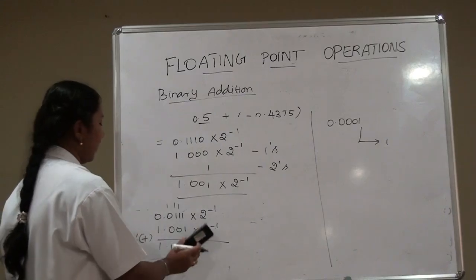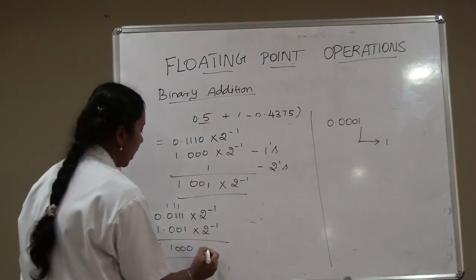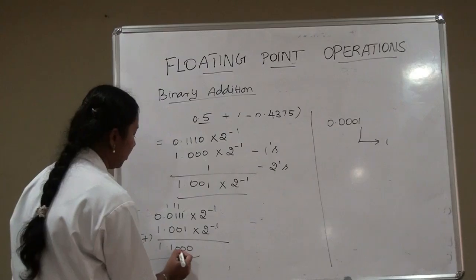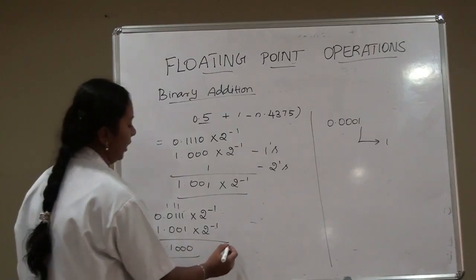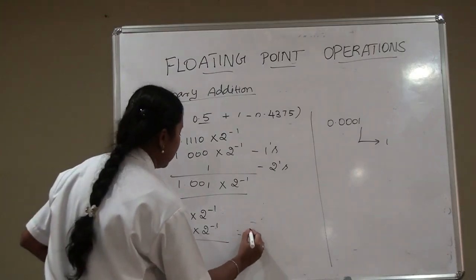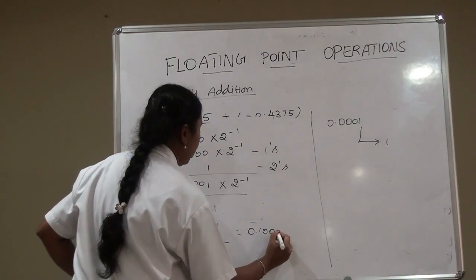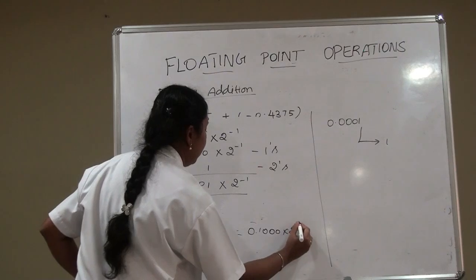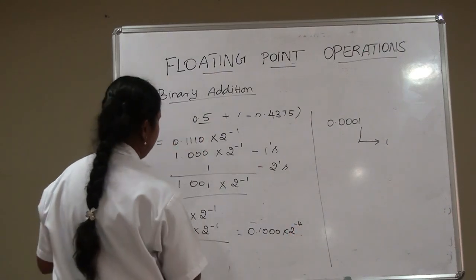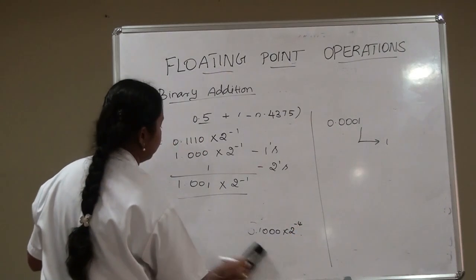As it is a binary subtraction, I cannot represent it as such because my result is not yet normalized. So 0.100 gives me into 2 power minus 4. So this will be my final answer.